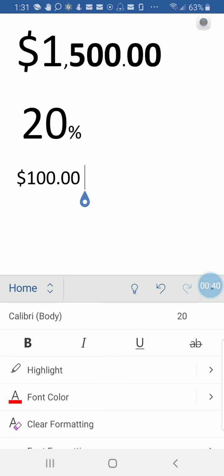Let's just say that on average that's how much money you will be bringing in a month, right? Maybe up to $3,000, but still, talk about $1,500 and 20% right here.